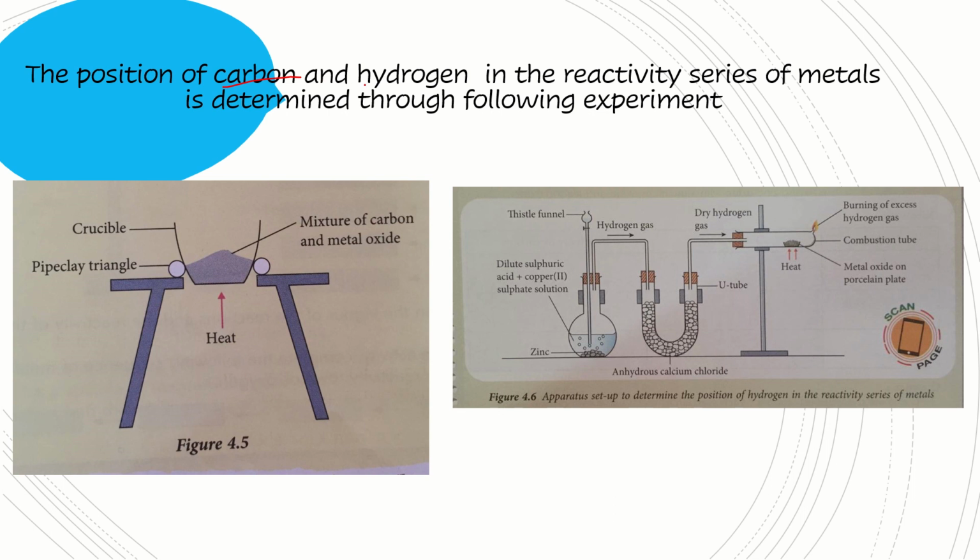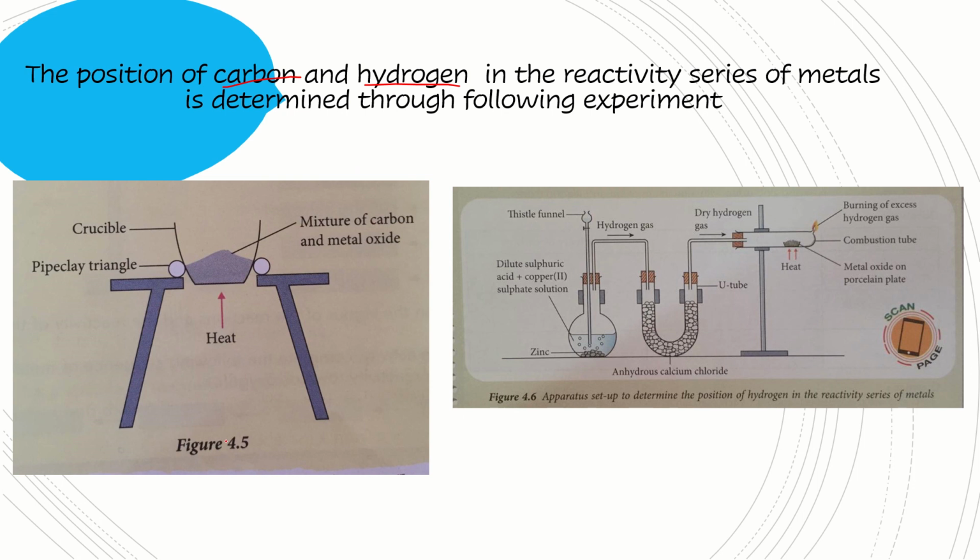Okay, the position of carbon and hydrogen in the reactivity series of metals is determined through the following experiment. Maknanya, kita boleh menentukan position of carbon dan hydrogen melalui eksperimen. We can carry out the experiment in the lab.